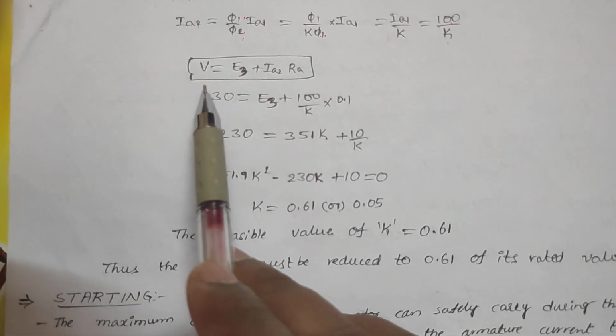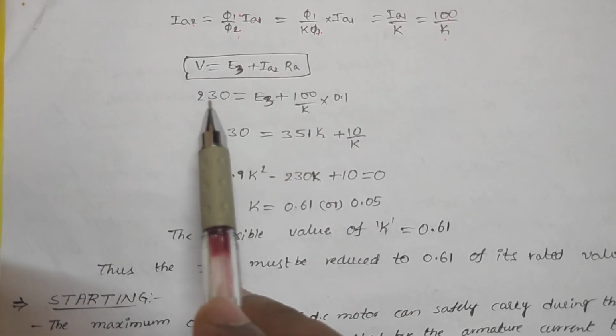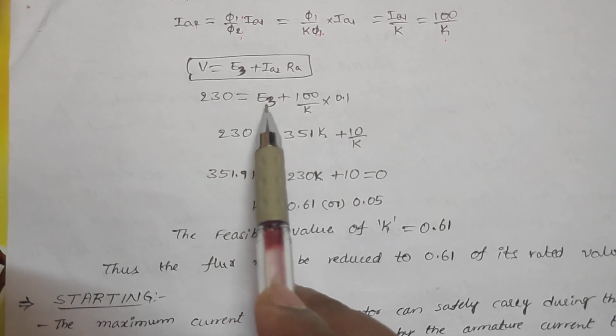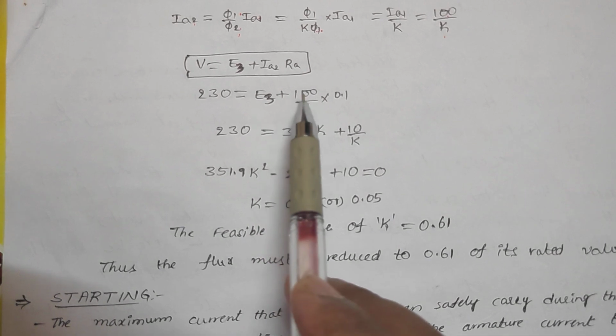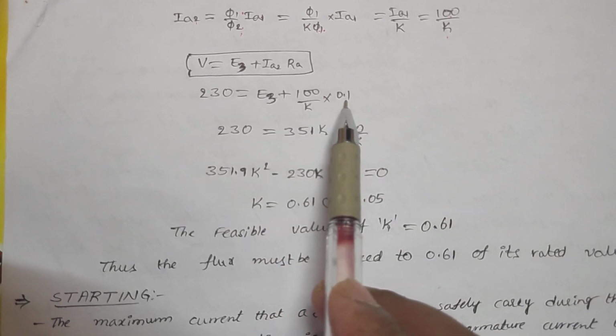And to calculate the new terminal voltage, V is equal to E3 plus Ia2 into Ra. The terminal voltage is fixed, that is 230 volts, equal to E3 plus Ia2, the new armature current, into armature resistance.